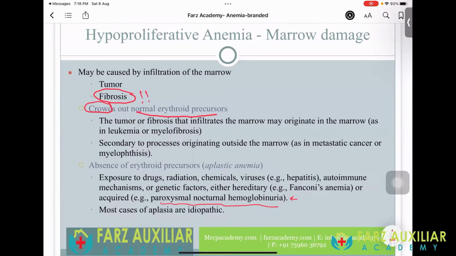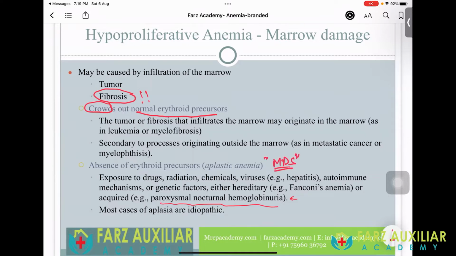So tumor or fibrosis that infiltrates the marrow may originate in the marrow, like in leukemia or myelofibrosis, or it can come from outside, like metastatic cancer or myelophthisis. Sometimes, rarely, as we shall discuss in a class yet to come, aplastic anemia can happen, which is a kind of myelodysplastic syndrome.